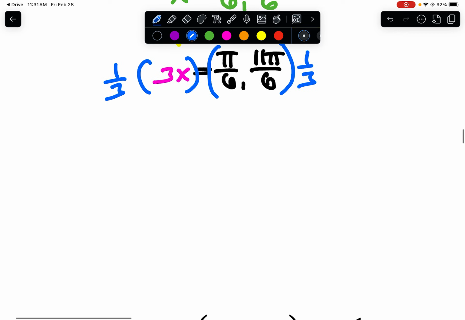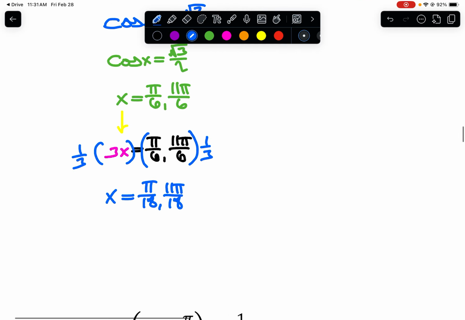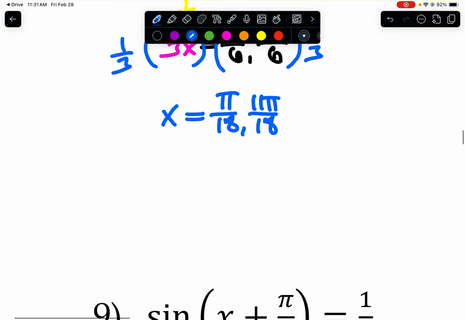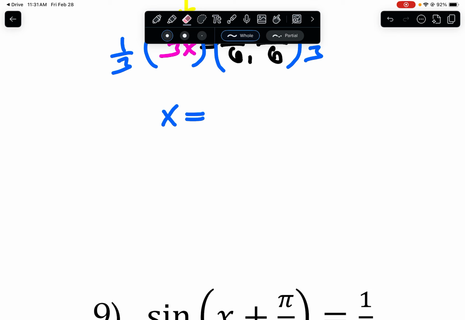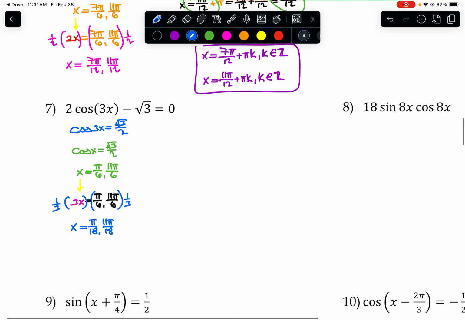When you get here, you're going to get pi over 18 and 11 pi over 18. A little bit better.